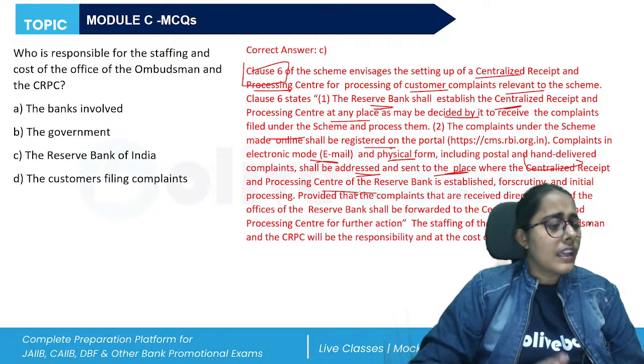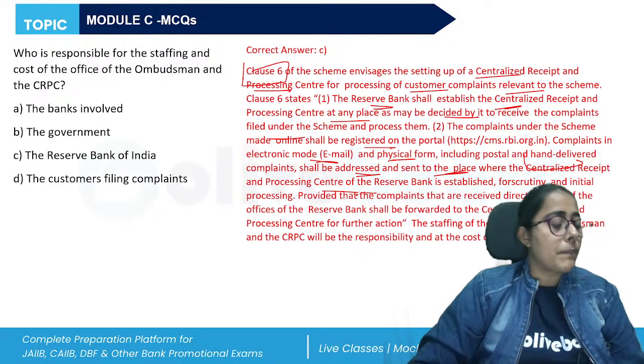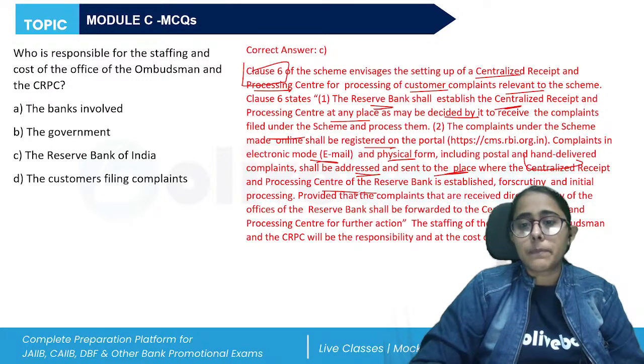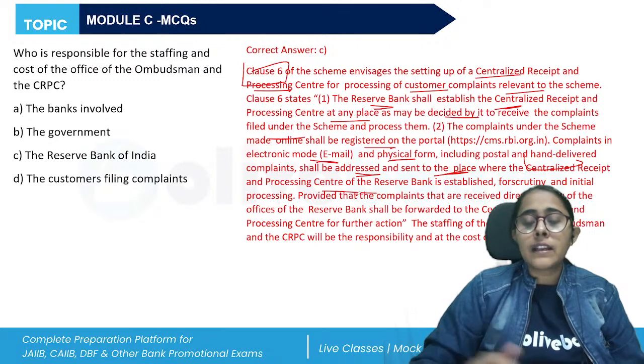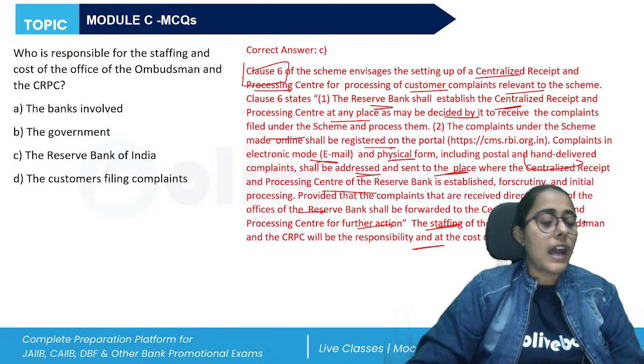Whether in physical format, email or online on the portal, all of these complaints will be processed at the CRPC, provided that the complaints are received directly in any of the offices for further action. Also, the staffing will be the responsibility of the RBI.